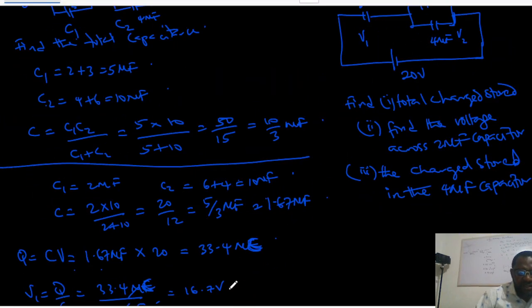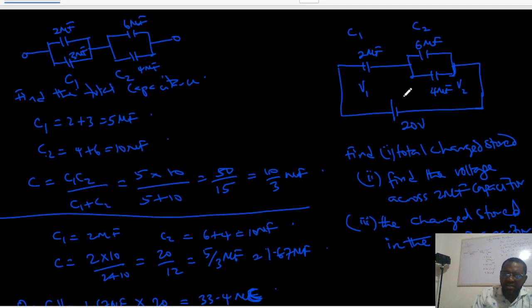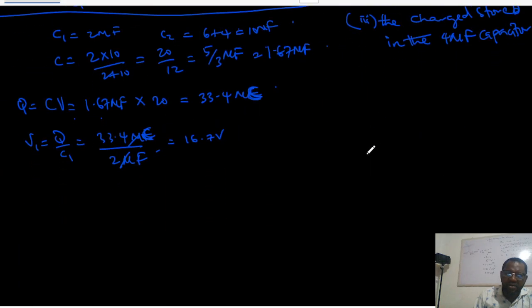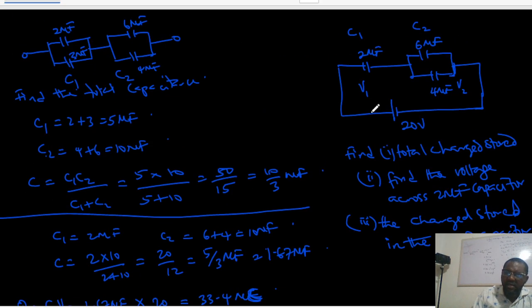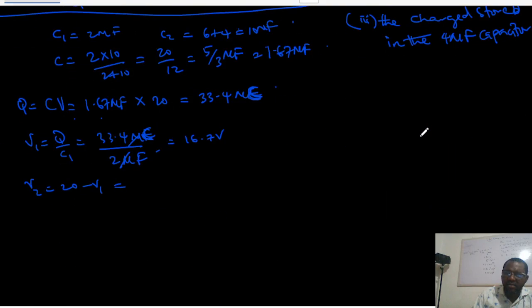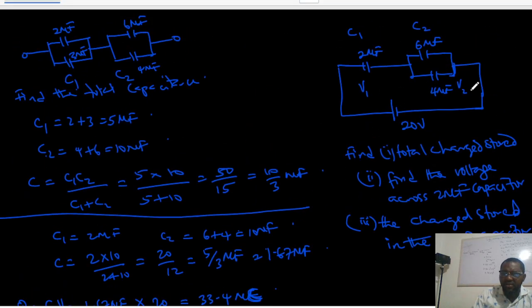Since it is 16.7 volts, I have answered the second question, but I'd like to say that if I know V1, I can easily find V2, because V2 is going to be equal to 20 minus V1. Remember that V1 plus V2 must be equal to the total, 20. So I can just say 20 minus 16.7, and that gives us 3.3 volts. Okay, 3.3 volts is the voltage V2.